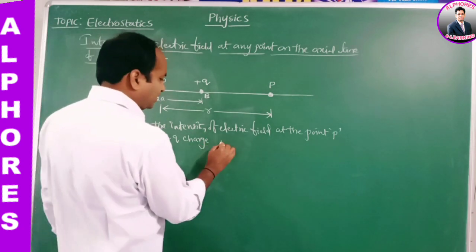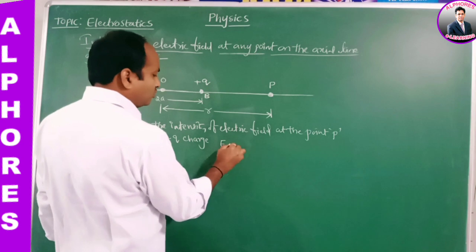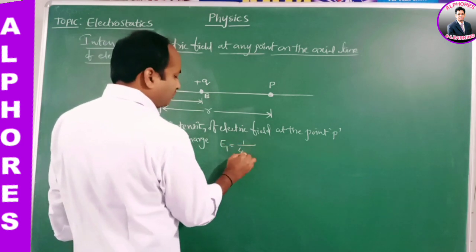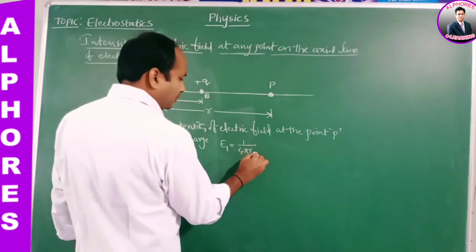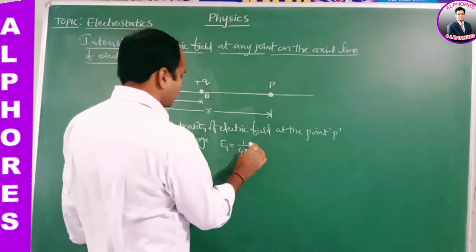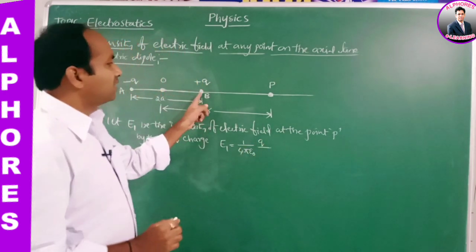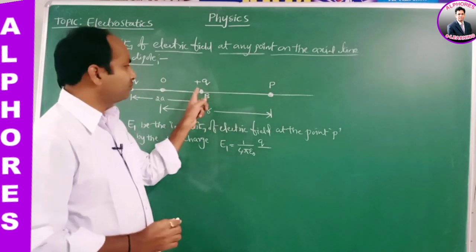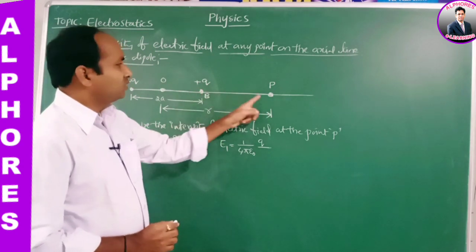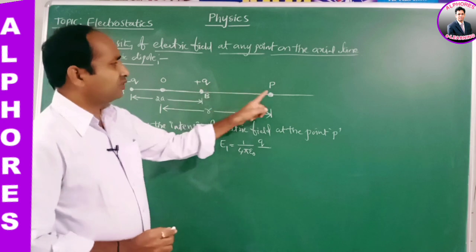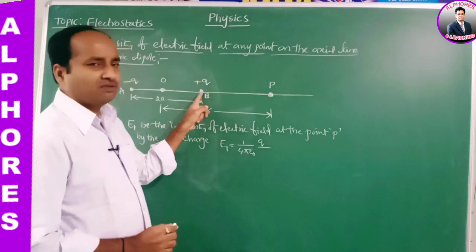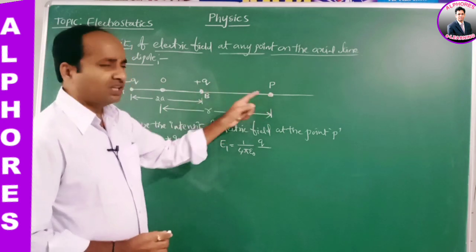So E1 equals 1 by 4 pi epsilon naught, q, over the distance of the point P from the positive charge, BP.